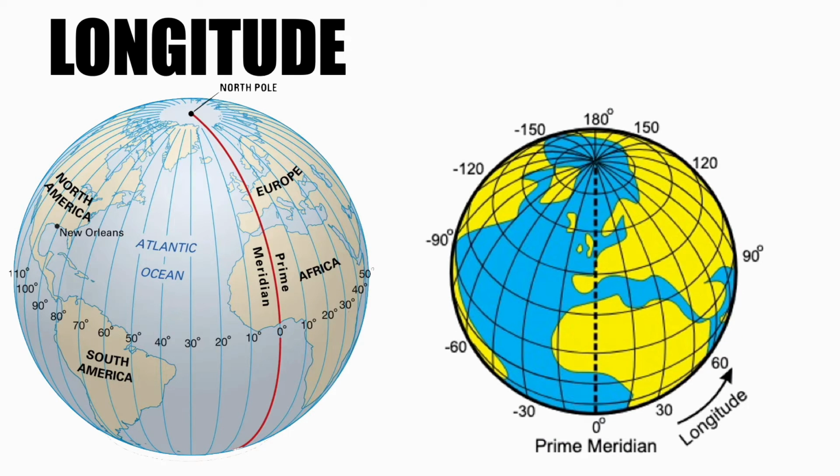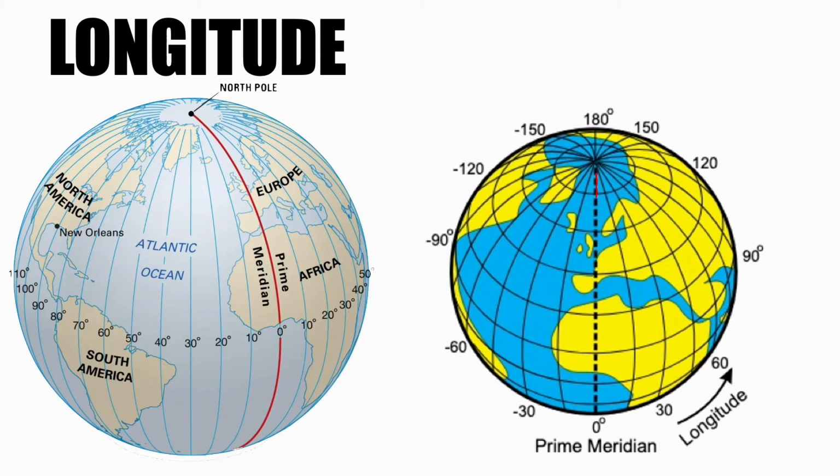Longitude is a geographical coordinate that specifies the east-west position of a point on Earth's surface. It is measured in degrees with the reference point being the prime meridian. The prime meridian is a line that runs from the North Pole to the South Pole, passing through the Royal Observatory in Greenwich, London. Longitude is given as an angular measurement with 0° at the prime meridian, ranging from -180° westward to +180° eastward.